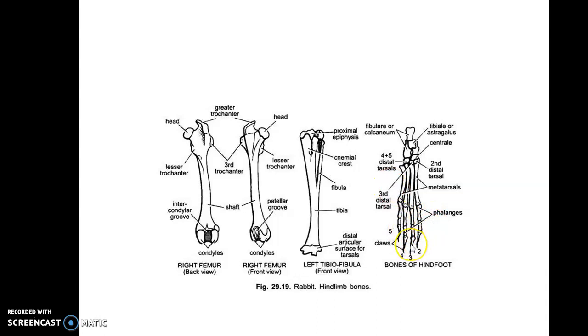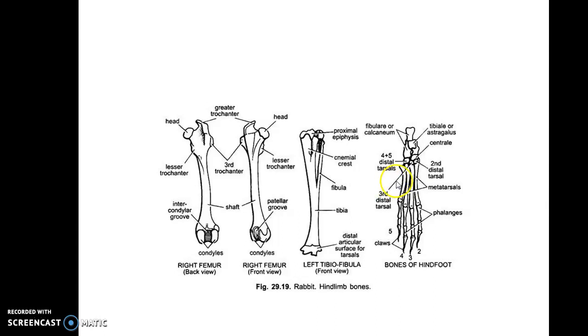Terminal phalanges are clawed. As it is a burrowing animal, it has phalanges which end in claws. Okay, so there is astragalus calcaneum, central or navicular, then mesocuneiform, ectocuneiform, and cuboid tarsals. Then there are metatarsals, which are 5 in number.